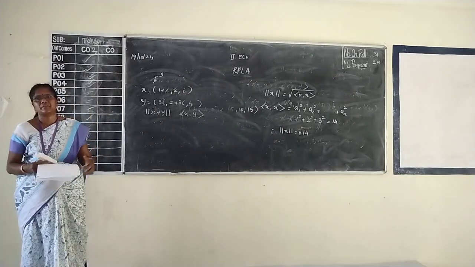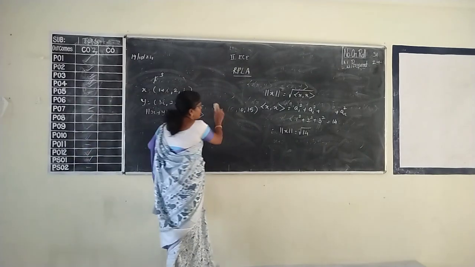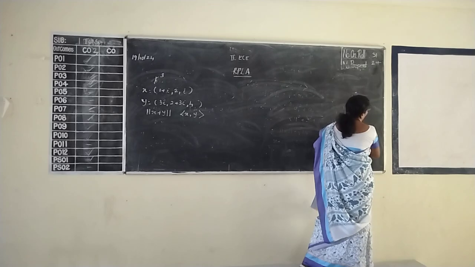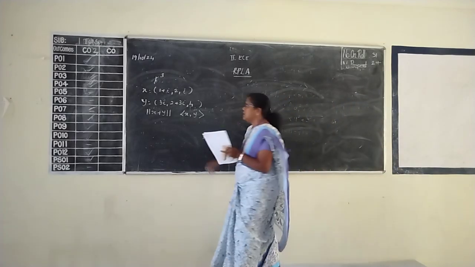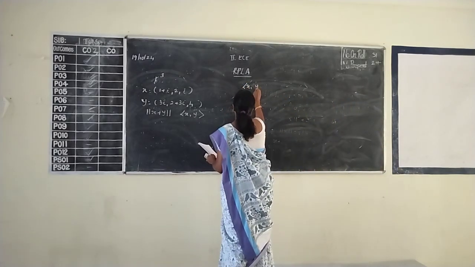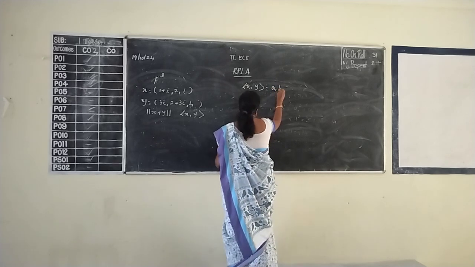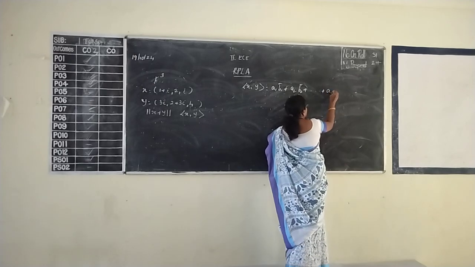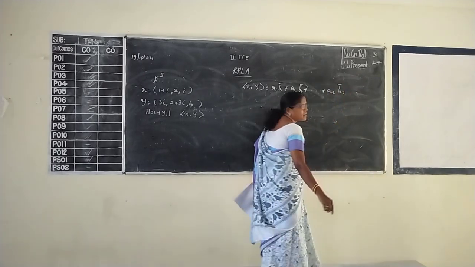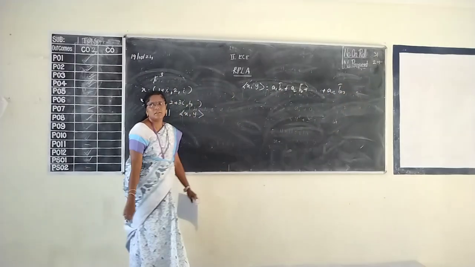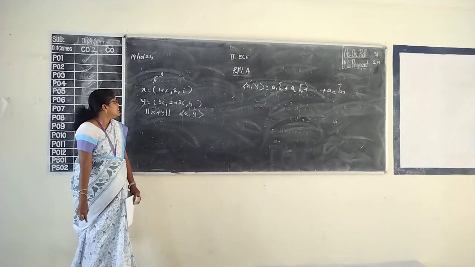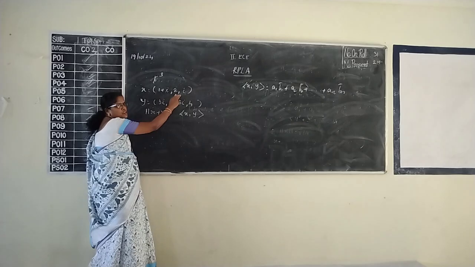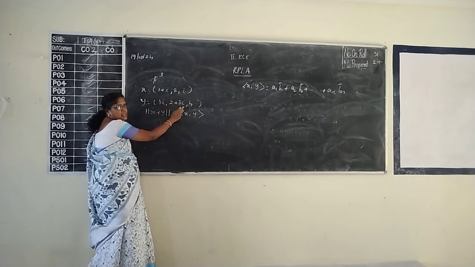The standard inner product is given by inner product of x comma y equal to a1 b1 bar plus a2 b2 bar plus etc. an bn bar. Okay, what is given here? 1 plus i, 2, i; 3i, 2 plus 3i, 4.